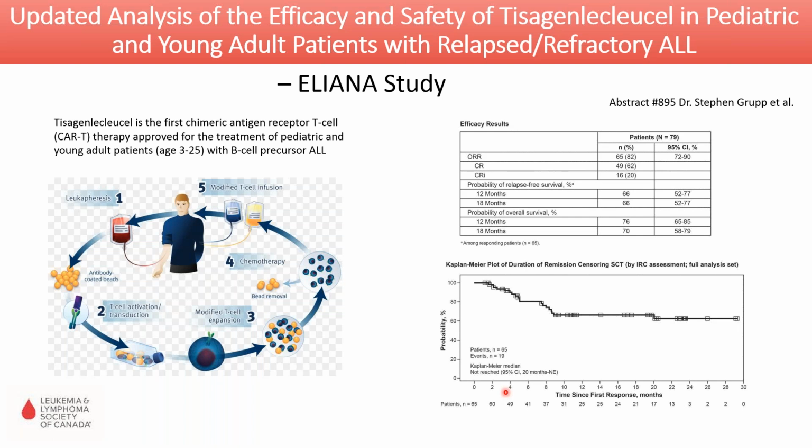And keep in mind, these are the small fraction of patients who have burned through multiple lines of treatment. They get the CAR T cells, and we're getting a 70% cure rate. That, again, is something quite attractive for this patient population.